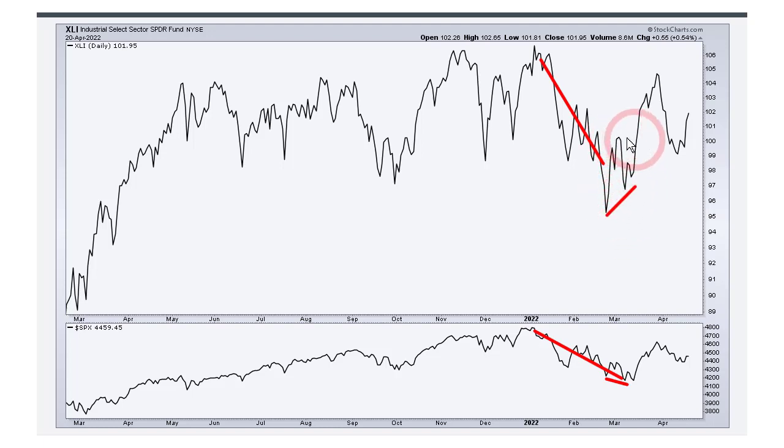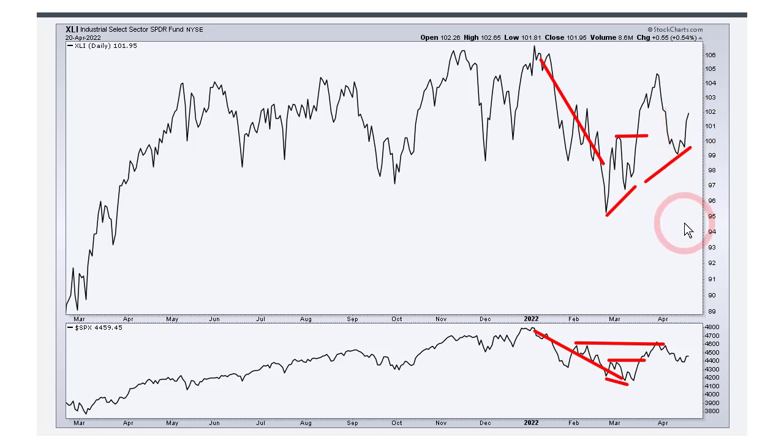Then XLI gets a break above that March high with a big surge, and so does SPY, so they're in sync. But if you look at XLI, it goes way above these February highs, a big surge. SPY barely got above these February highs, and then it fell back. XLI also fell back, but look at the surge it's gotten over the last few days. So it's got another higher low working, and it's got a surge working.